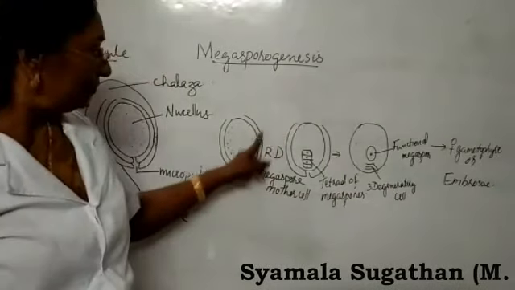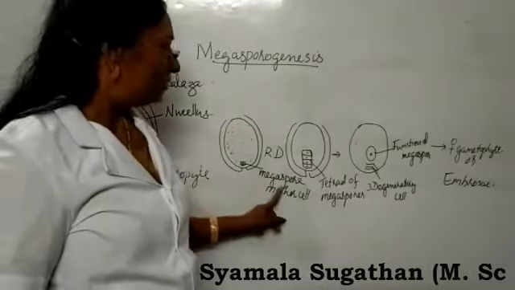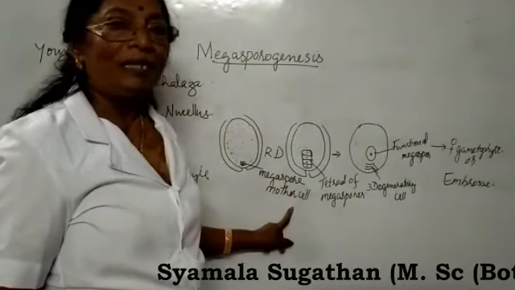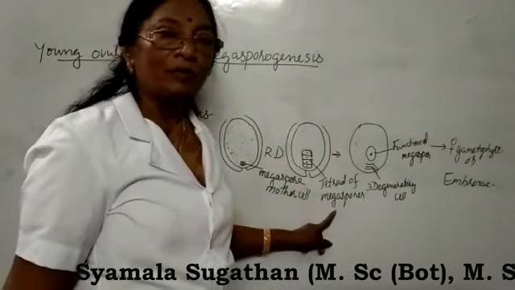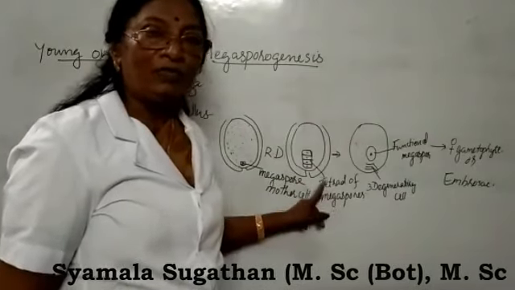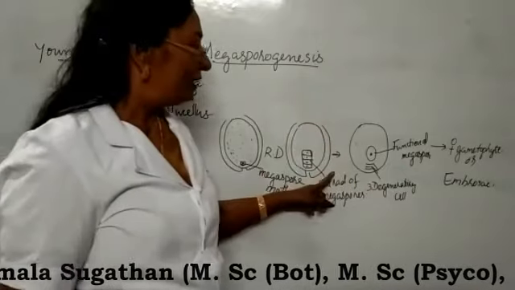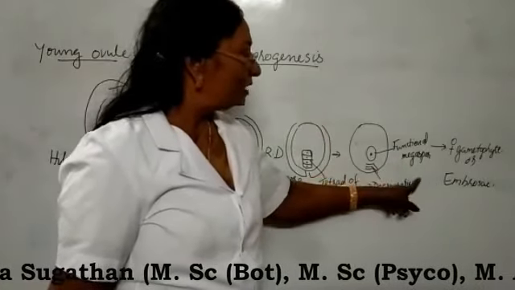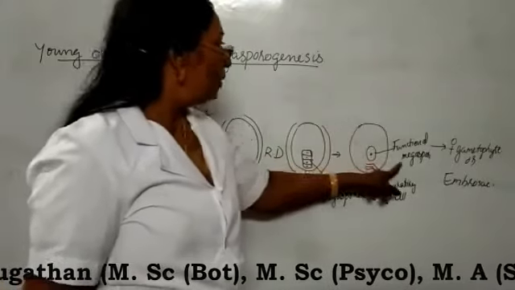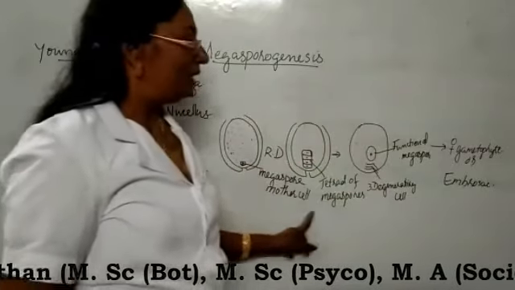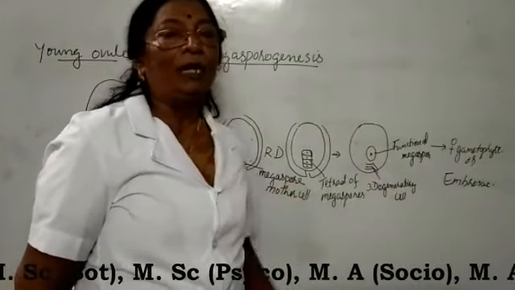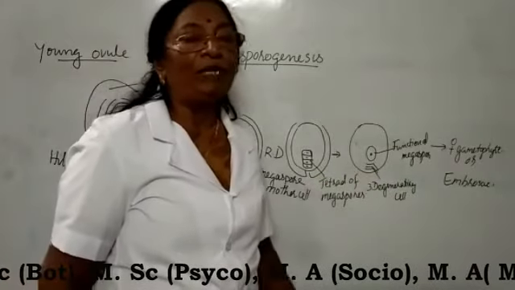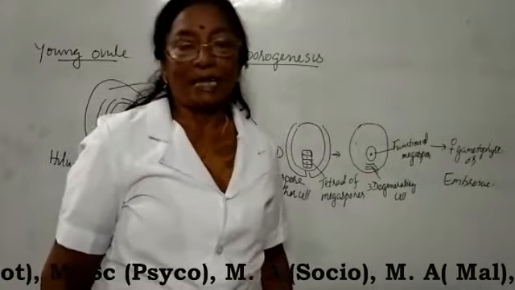Here we can see the megaspore mother cell, which is diploid in nature, undergoes reduction division and forms a linear tetrad of megaspores, out of which three cells degenerate and only one remains functional, which develops into the functional megaspore. The formation of megaspore from megaspore mother cell is called megasporogenesis. And this functional megaspore later on develops into the female gametophyte or embryo sac.